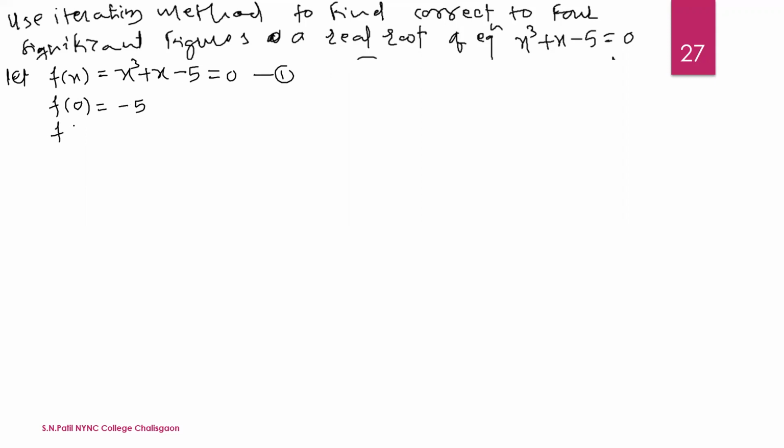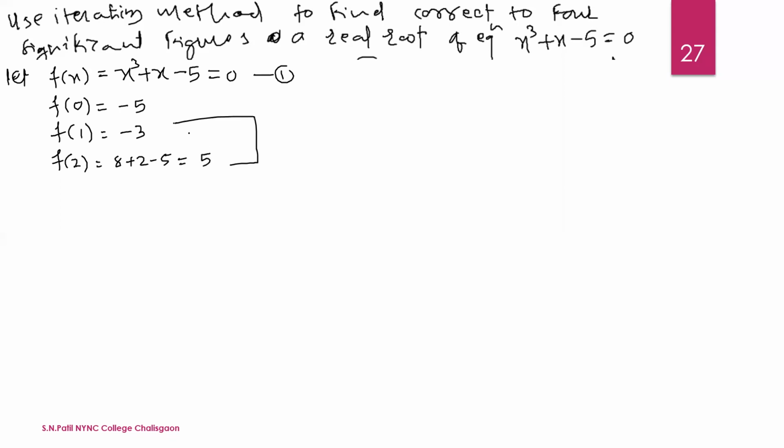Then put x is equal to 1. Then we get 1 plus 1 minus 5, that is we get again the minus sign. Okay. Now put x is equal to 2. That is 2 cube is 8 plus 2 minus 5. So we get here 5.